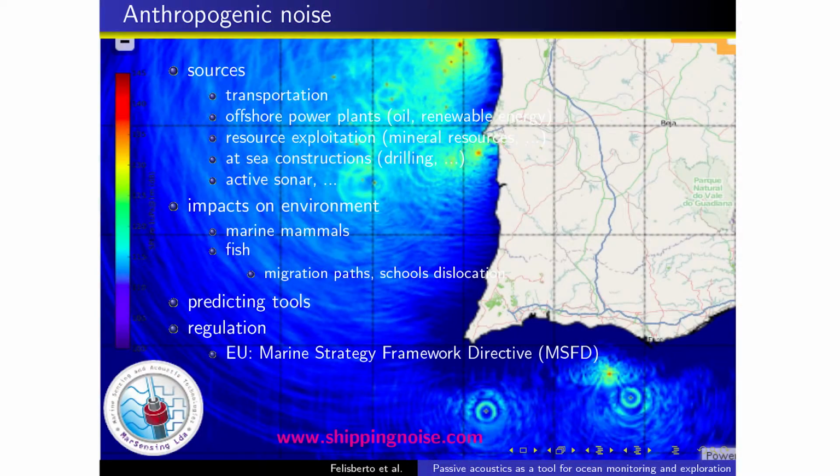This is an example in the background of a predicting tool developed by a spin-off of our lab, Mar Sensing, that using AIS information gets a picture of the sound landscape produced by ships close to the coast.